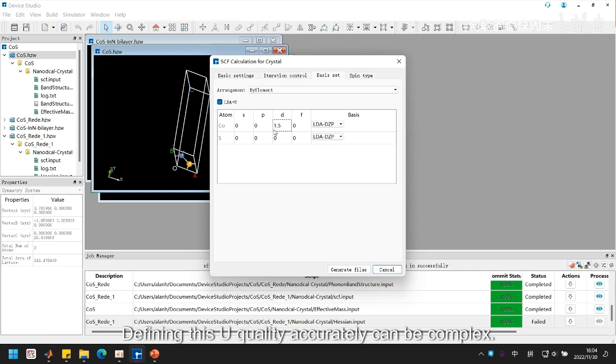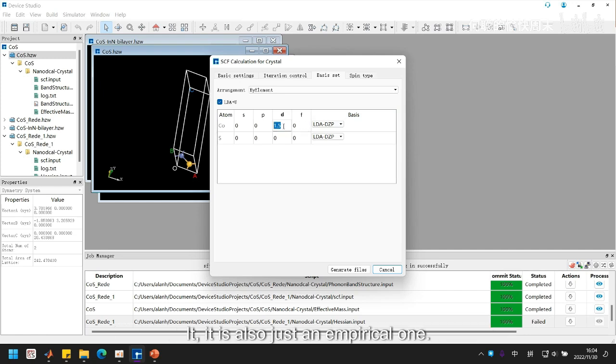Defining this U value accurately can be complex. There is no very good method to determine what the U value is, because some students may look at different documents and find that some documents have added 1.5 and some documents have added 2.0. Different literature may add this U value differently.